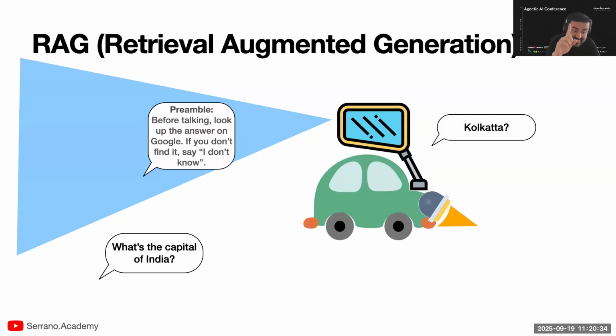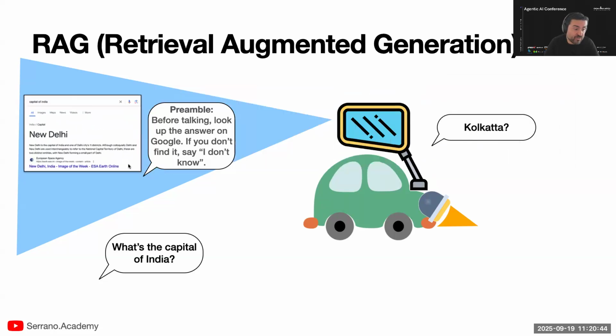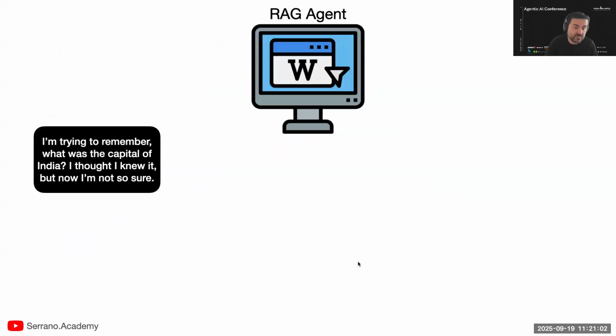And if you don't find it, say, I don't know. Magical words that ChatGPT cannot say. And then it looks it up and puts all the results in the rearview mirror. So with the rearview mirror seeing the results, the question, and the preamble, it's able to answer, because it's looking at the rearview mirror instead of looking ahead, right? So you're using this strength to mitigate this Achilles heel. And then it answers correctly. So RAG is very, very useful.